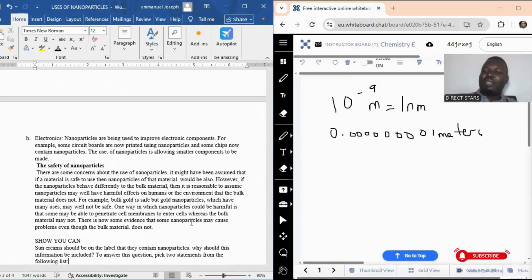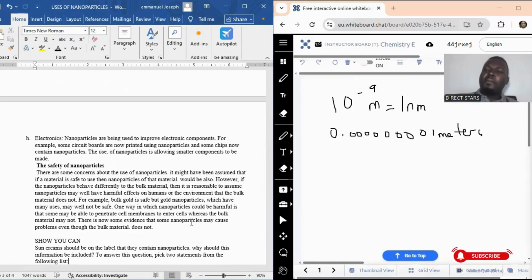Nobody will want heavy metal penetrating their skin. That is not advisable. So that is one of the major ways that nanoparticles are not safe. And that is some of the safety concerns we have as scientists.